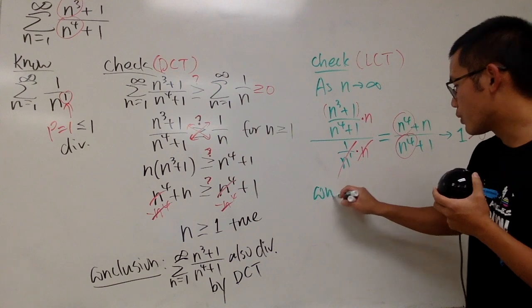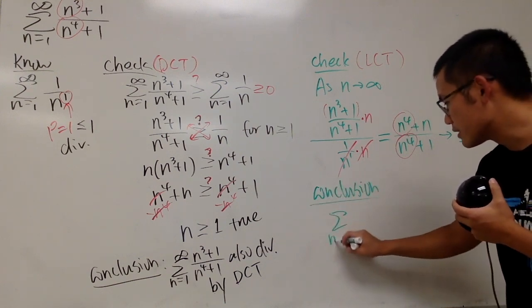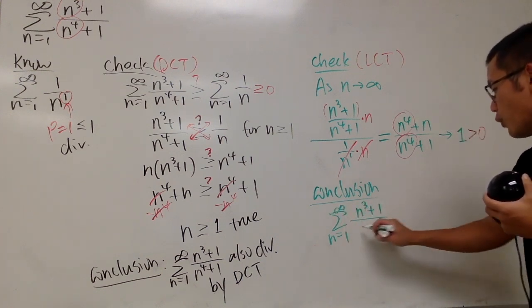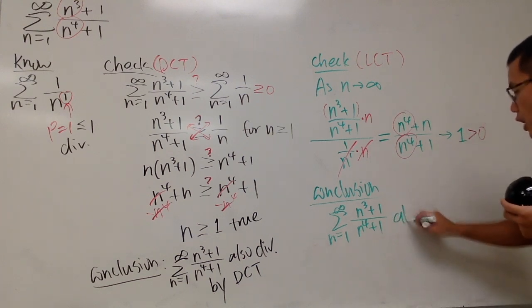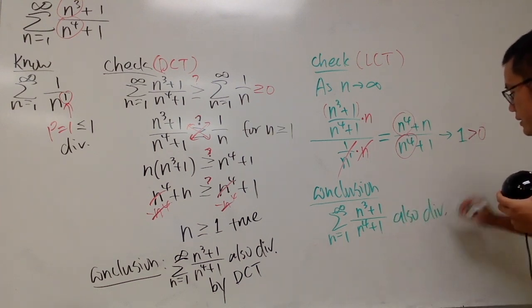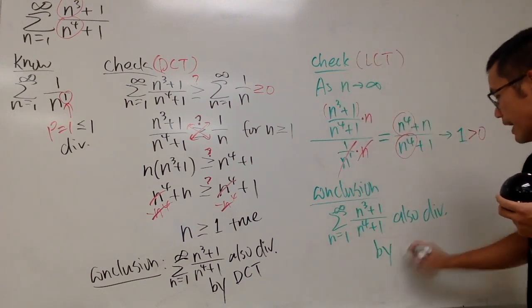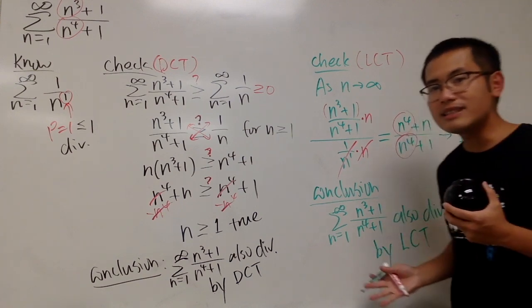So let's draw our conclusion. And let me just write down the sum as n goes from 1 to infinity, n to the third power plus 1 over n to the fourth power plus 1. This right here also diverges. And if you do it this way, be sure you quote by the limit comparison test. And with that, we are done.